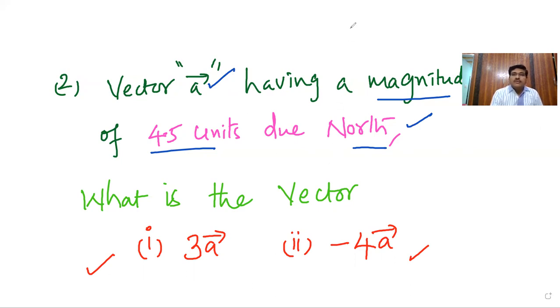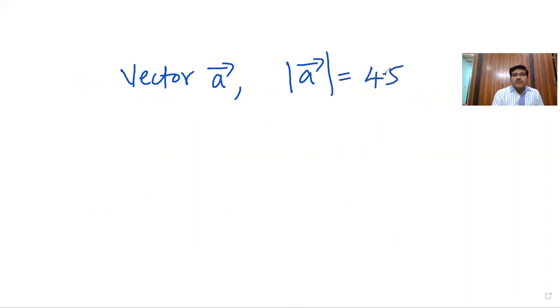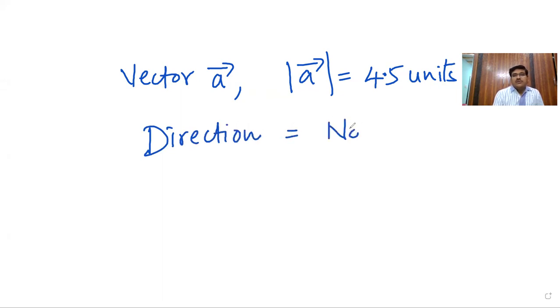Now let us solve this question. Vector A bar. So modulus of that vector, magnitude, how much? 4.5 units. Direction is how much? North direction.